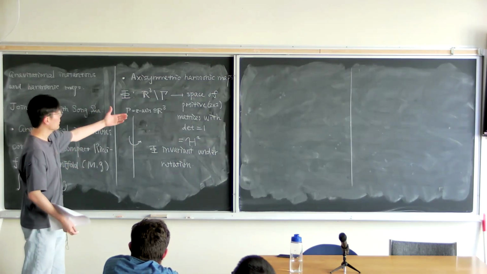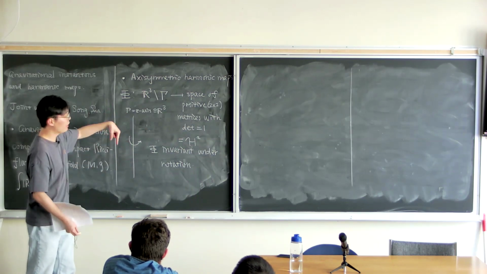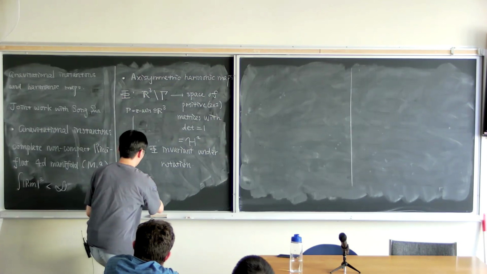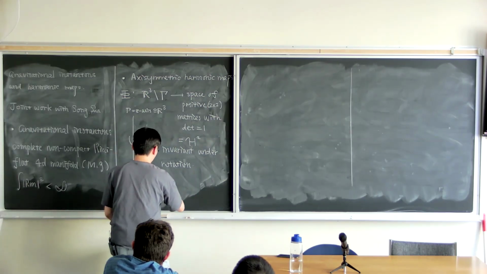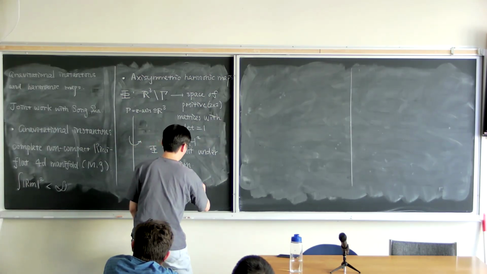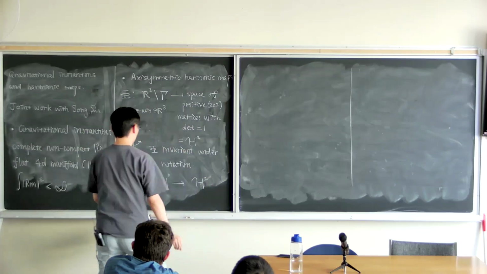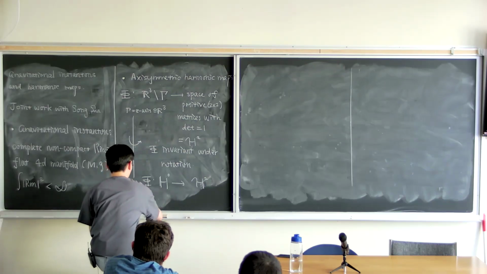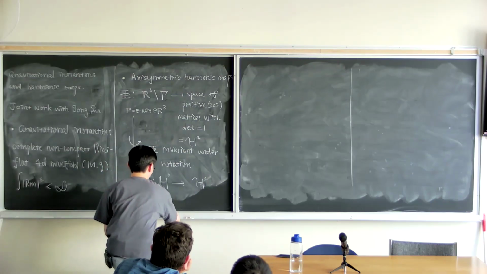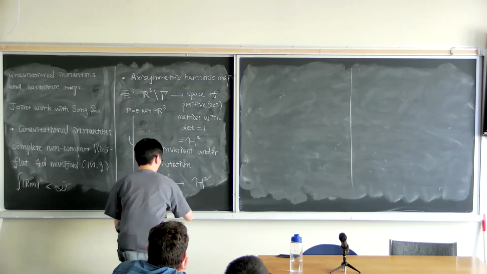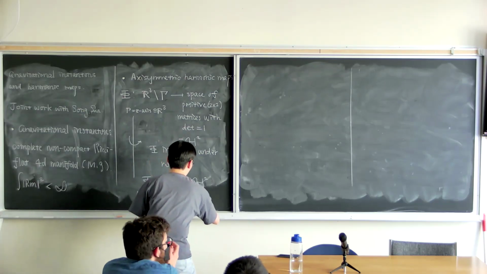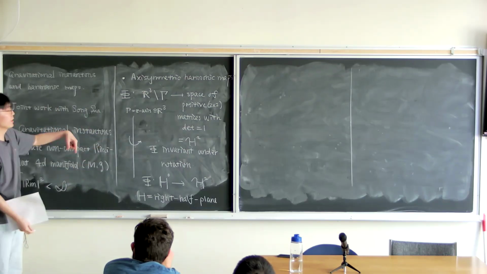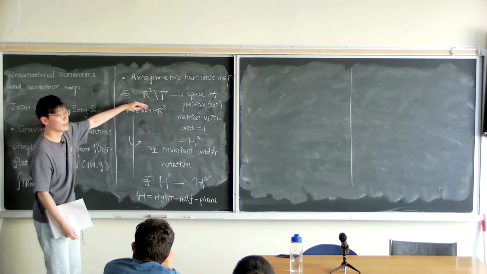All right. And because the map is invariant under the rotation, we can also understand the map as a map from the interior of the right half plane into the hyperbolic space. My H here is the right half plane. The reason is very simple: because my map is invariant under the rotation, you can quotient by this rotation.